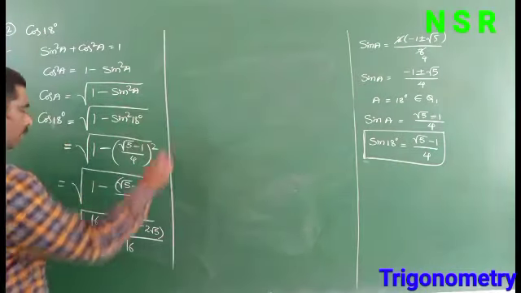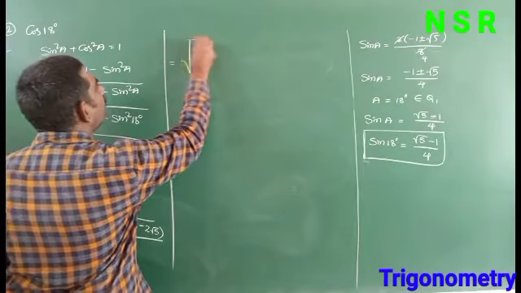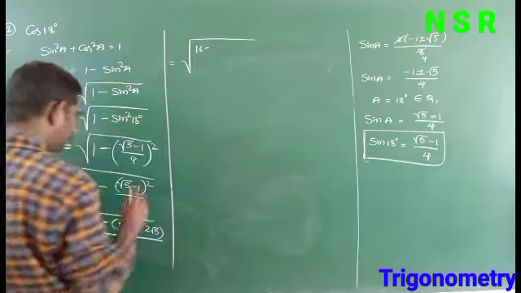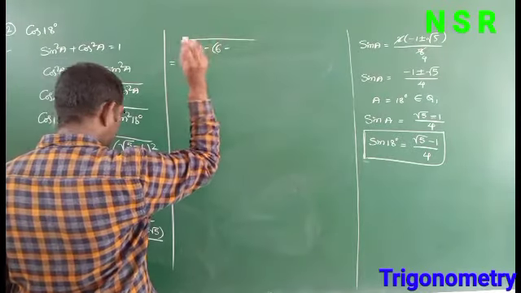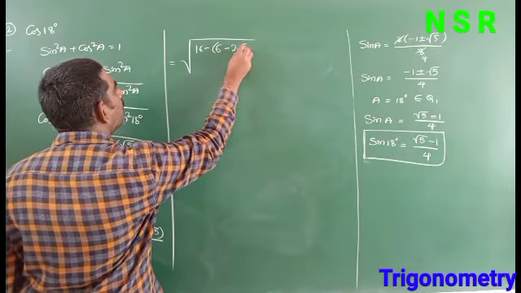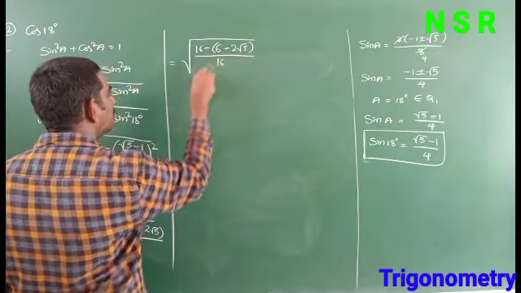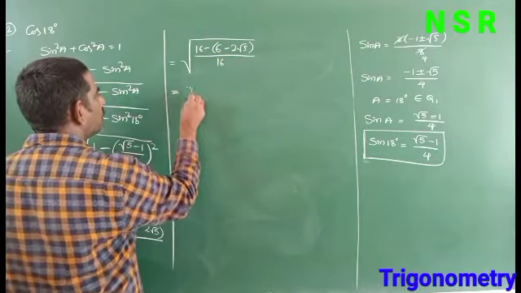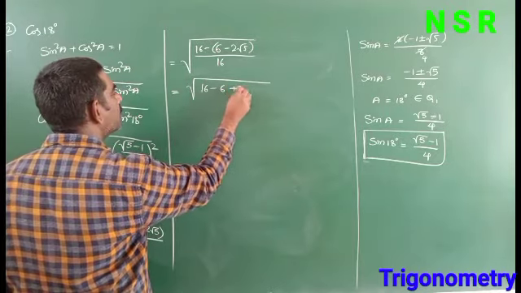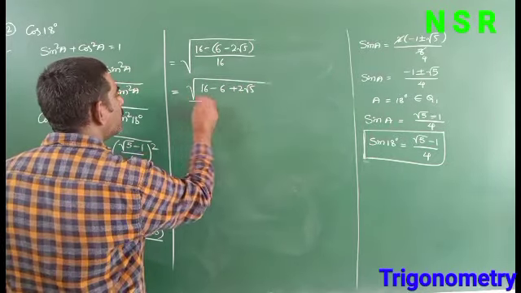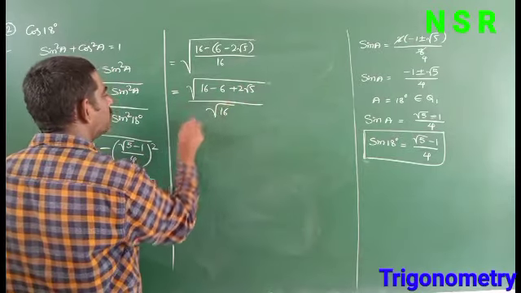So equal to square root of 16 minus 5 plus 1, 6, so minus 6 minus 2 root 5 by 16. So square root of 16 minus 6 plus 2 root 5, by square root of 16.